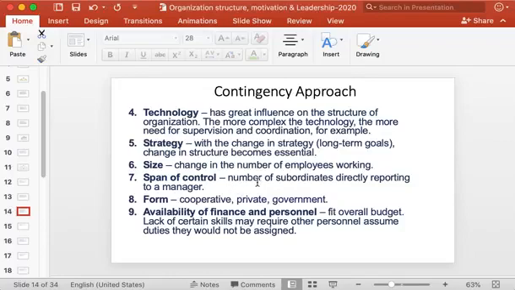So that way, organization design may need to be changed, and organization structure may need to be changed depending upon what form of organization it is, what type of organization it is, whether it is a cooperative organization or private organization or government organization. So organization design will also depend upon availability of fund and availability of personnel.